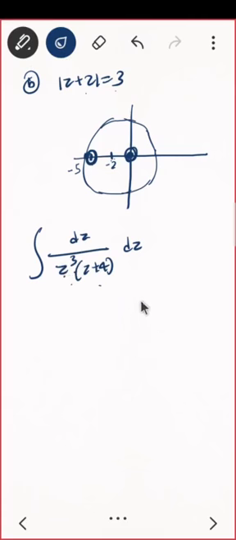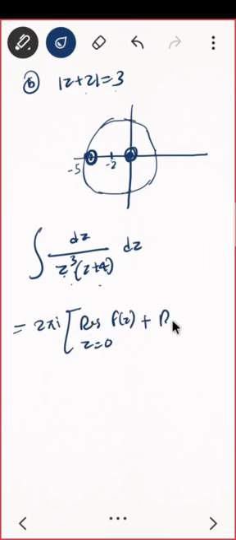I mean, you can, but it will be quite lengthy. So what you should use? This will be equal to 2 pi I into residue of function at z equal to 0 plus residue of function at z equal to -4. So these are the two things you have to find.